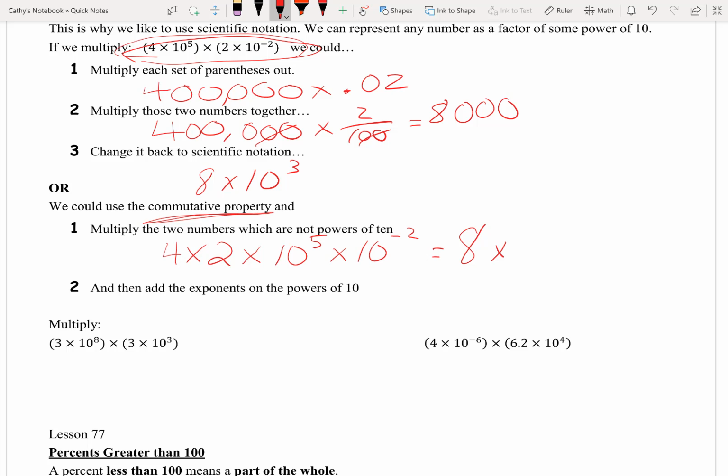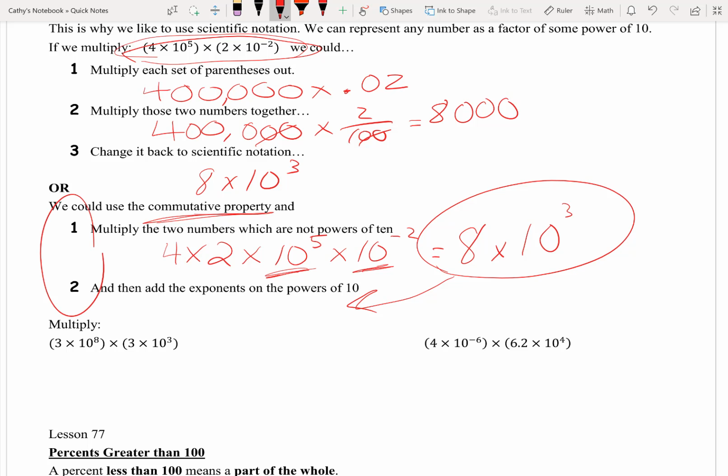When you multiply like bases, the bases are both 10, you can add the exponents. So 5 plus negative 2 is 3, so 10 to the 3rd power, and that's the answer. So don't do it the first way. Do it this way. It's all multiplication. So just rearrange the numbers, multiply the numbers that are not powers of 10, and then add the exponents on the powers of 10 to get your final power of 10.